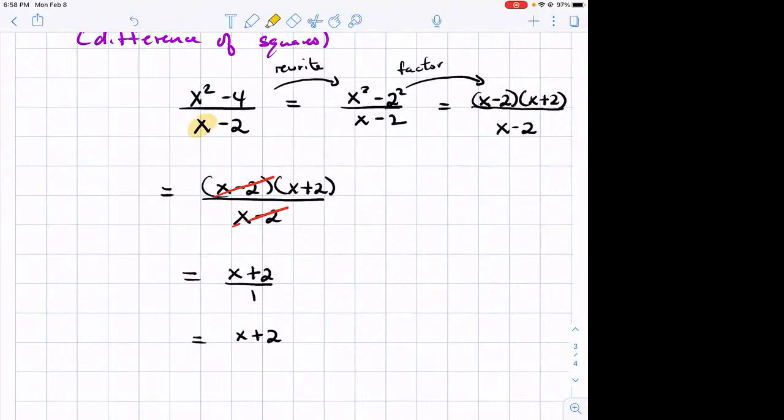If x is equal to 2, you will get 0 over 0. And we know that 0 can never be in the denominator. So later on, we'll talk about numbers that make the denominator equal 0, the restrictions we call them.